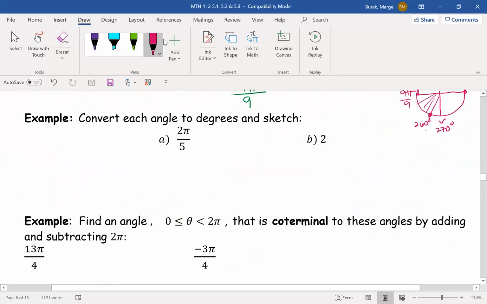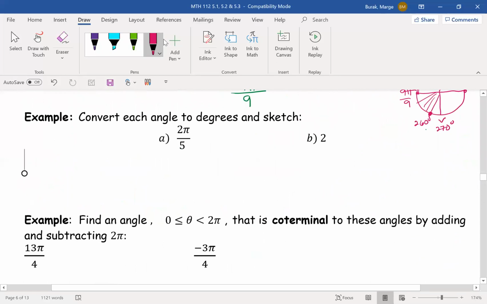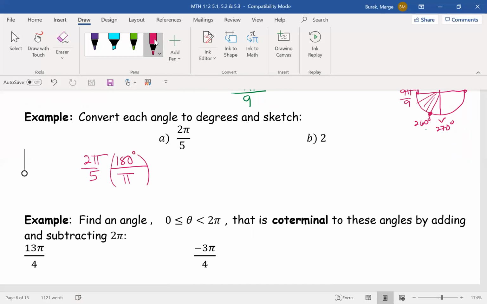Okay, now let's go backwards. Let's go from radians to degrees. So I'm going to take my 2 pi over 5, and I want the pi's to cancel, so I put my pi in the bottom and my 180 degrees on top, and then I times these. So that means that I can cancel, and I would have 2 times 180 divided by 5.